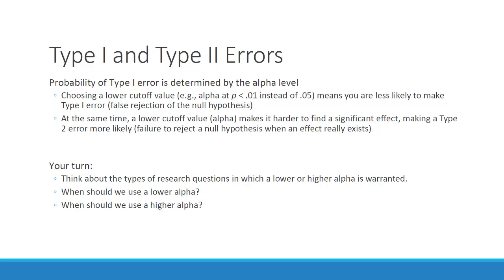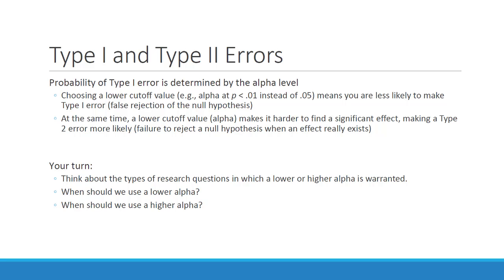But we may want to use a lower alpha value. In other words, we set our cutoff value lower to prevent us from making a type 1 error, to prevent us from falsely rejecting the null hypothesis, when the outcome is very important for people's lives.